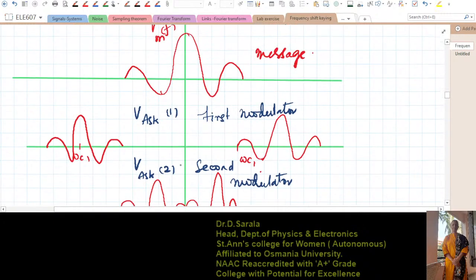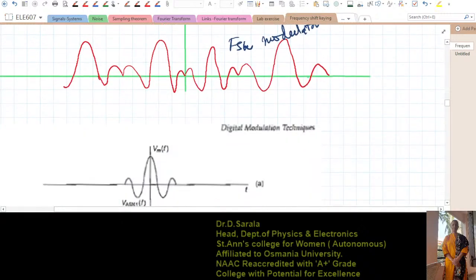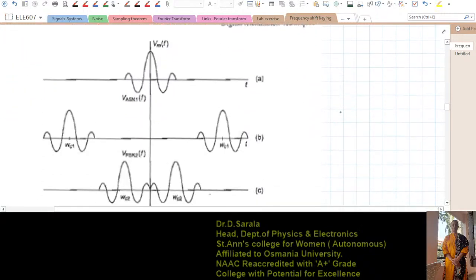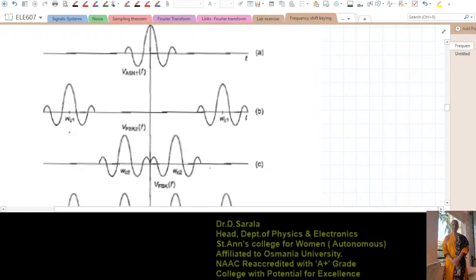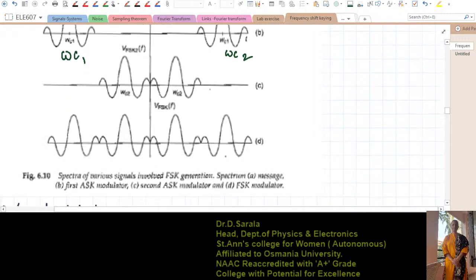The corresponding FSK signal will be this plus this plus this. So you have a continuous waveform like this. The better way of representing the same is: the first one is centered around omega C1 and this is centered around omega C2. I have taken it from the textbook directly. So this is omega C1 and omega C2, and this is the FSK signal.